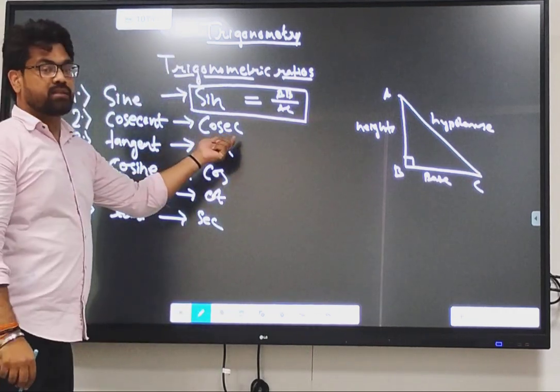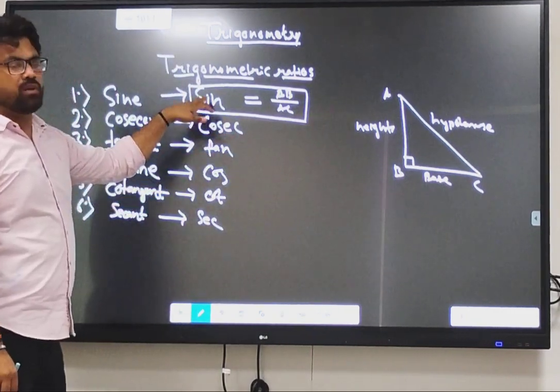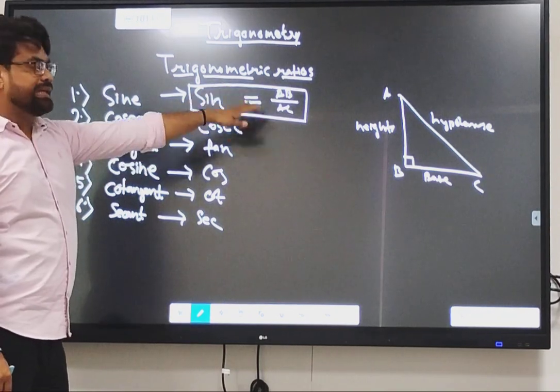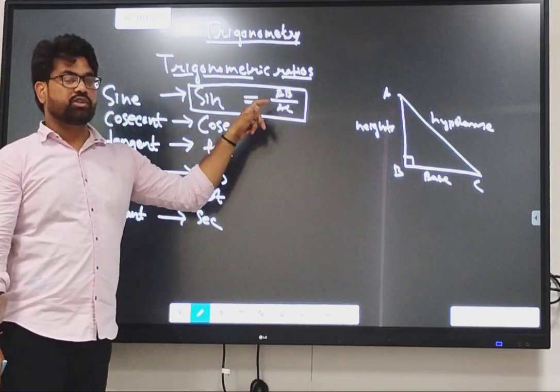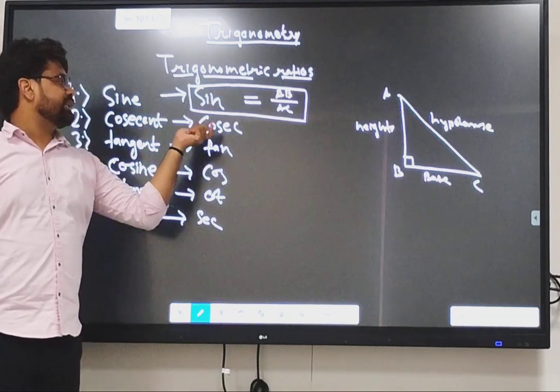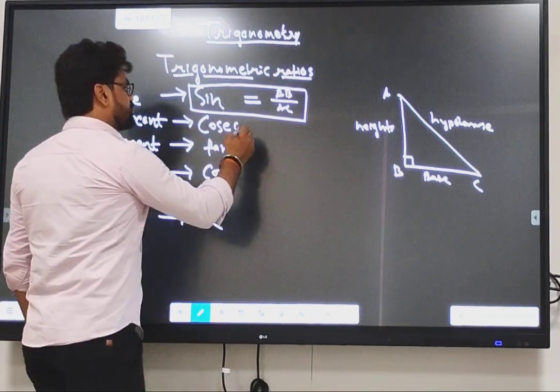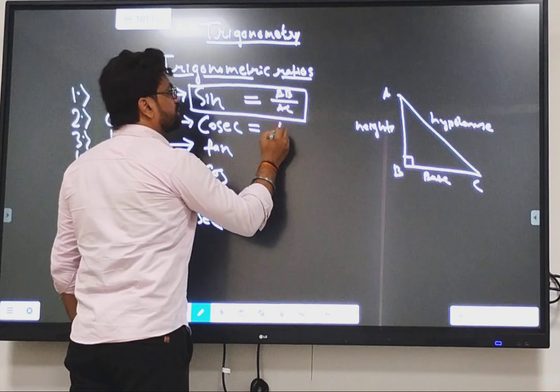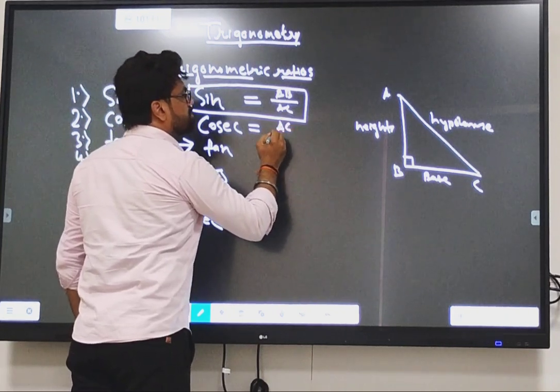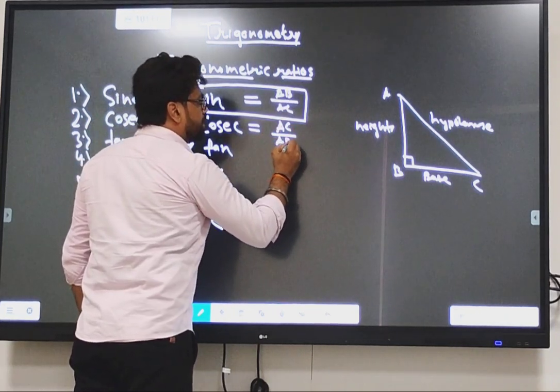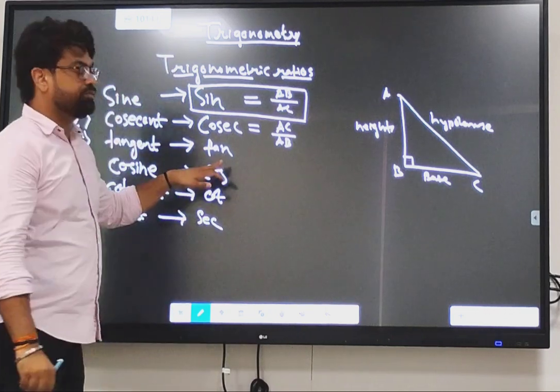Now, what is cosec? Cosec is just the reciprocal of sine, like we took the reciprocal of the ratios. So if I take the reciprocal of sine, that becomes cosec. So cosec is equal to AC upon AB. Next we have tan.